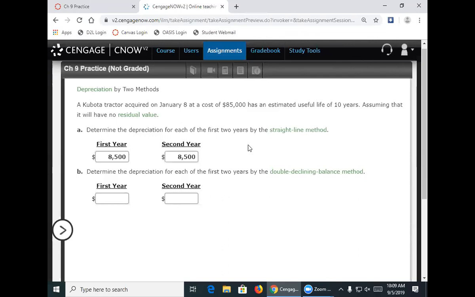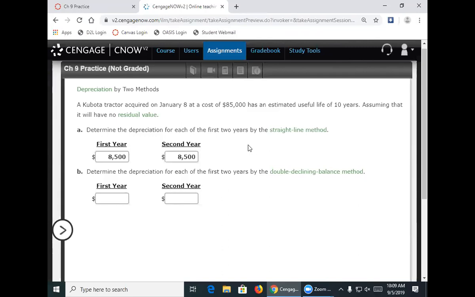Okay. Book value times the double declining balance rate. Well, then you have to know what book value is, right? Does anyone remember what book value is? How to calculate it?